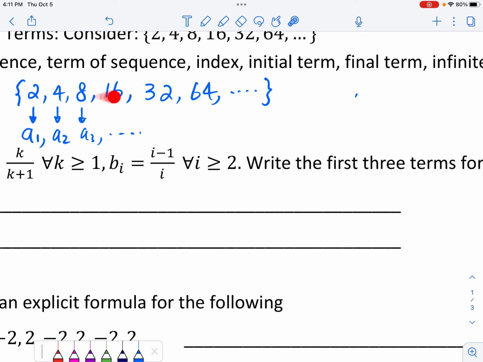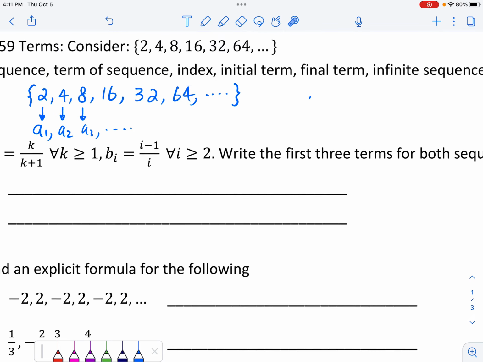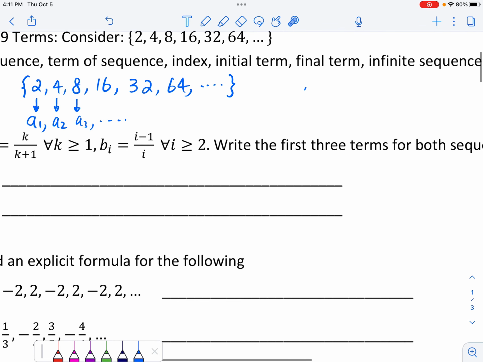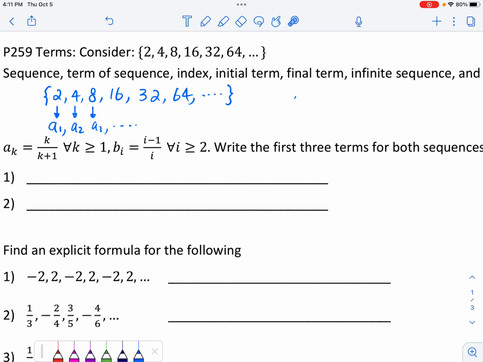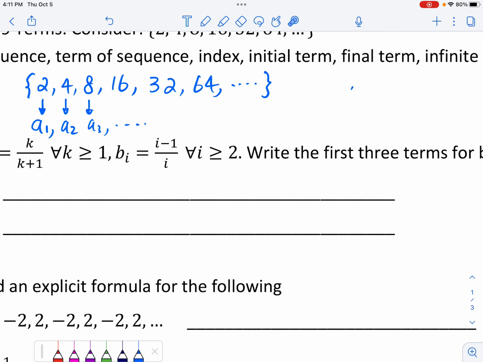Now, this is an infinite sequence because it never ends. And the next term is the explicit formula for the sequence, okay? Well, what is that? That means it is an expression so that you just tell me the index, I can find specifically what that term is. So for this particular one, if we begin with A1 being 2, A2 being 4, and so on and so forth, we see that to get to the next term, we just double the previous term, right?